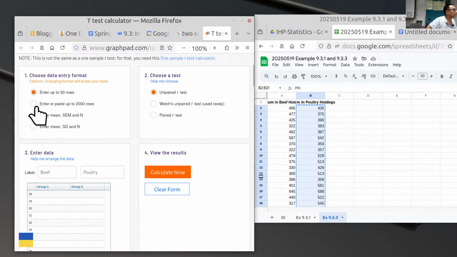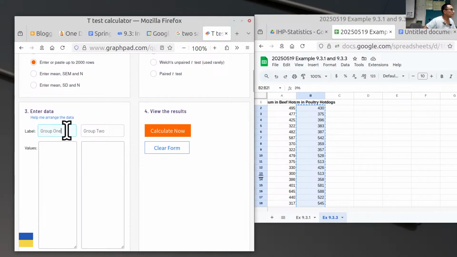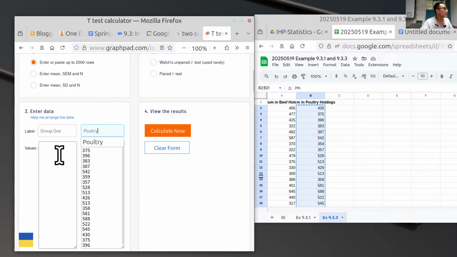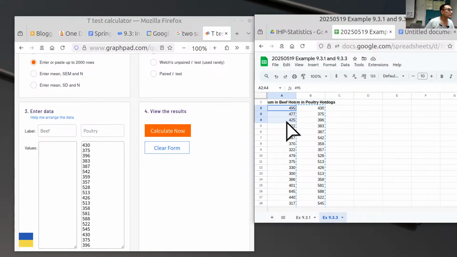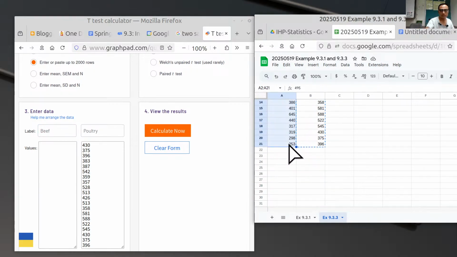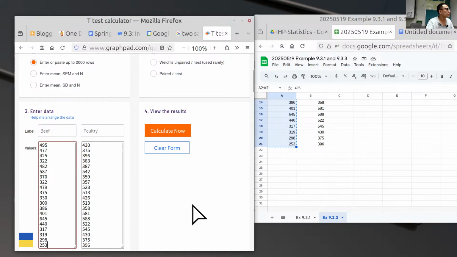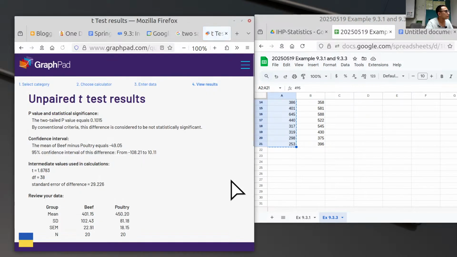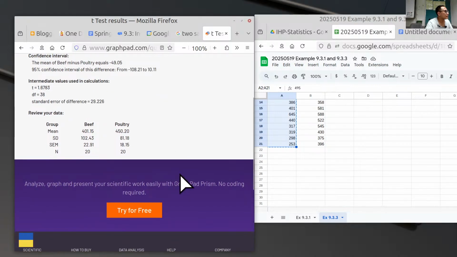I select this one, enter or paste up to 2,000 rows. Poultry. Beef. Okay, and calculate. Let's check the information here.